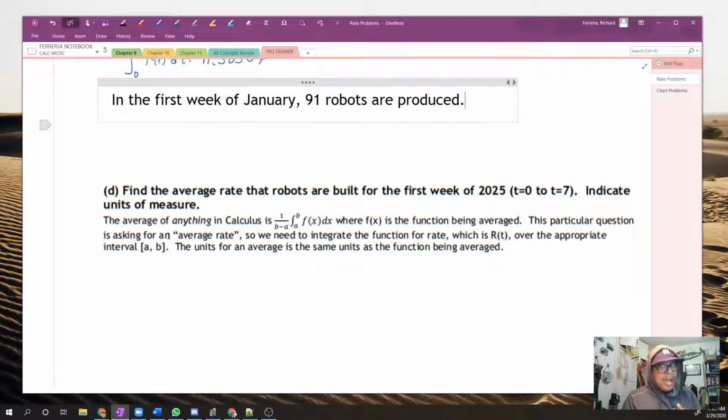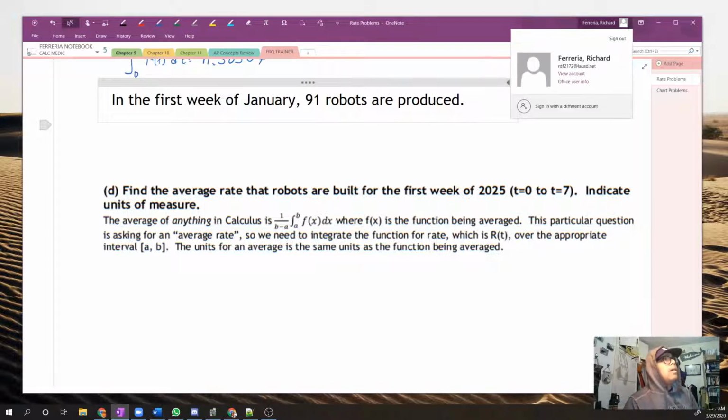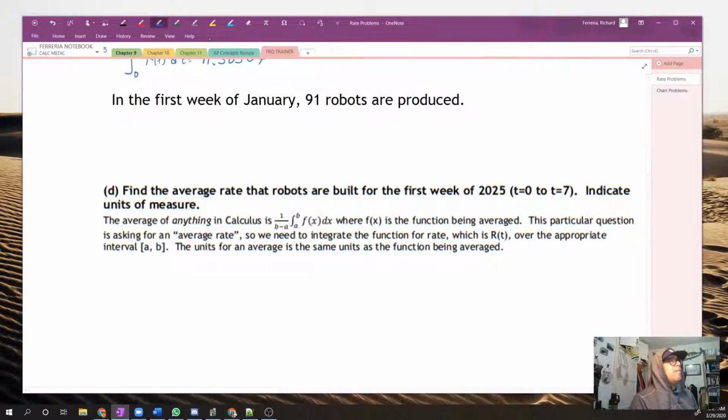What function are we averaging? We're averaging the rate. So dissect that again. On the physics side of things, you're used to reading this as average rate, right, as one thing. But that's not the way we're looking at it, or we should be looking at it. We should be looking at it as the average of the rate.